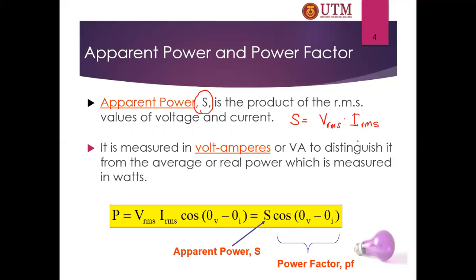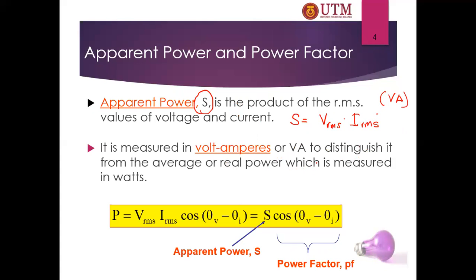So that is the apparent power, and the unit used is VA. It is measured in volt ampere, or in short form VA, to distinguish it from the average or real power, P, which is measured in watt.